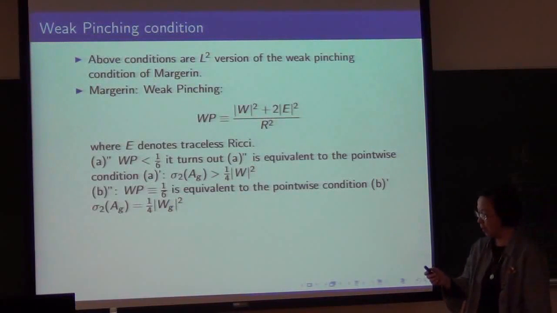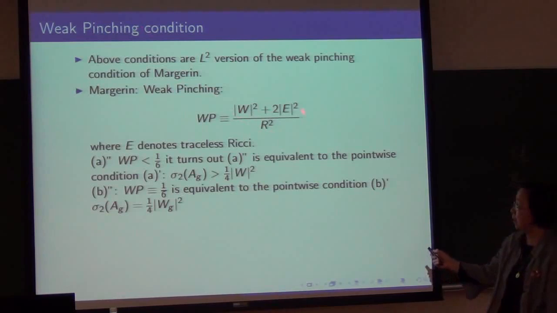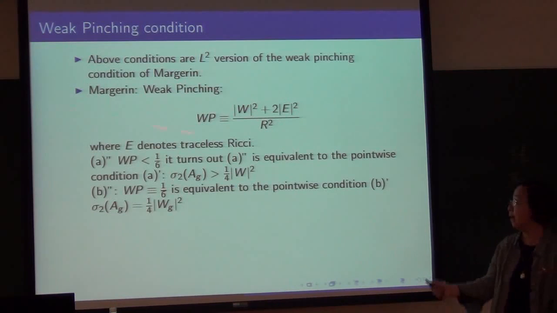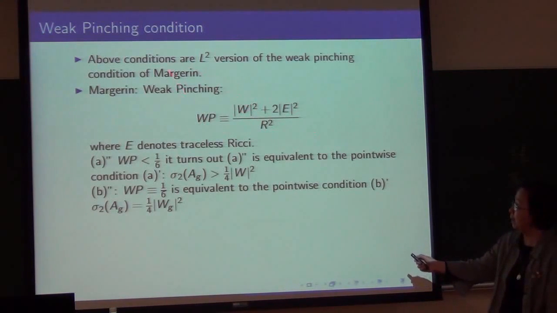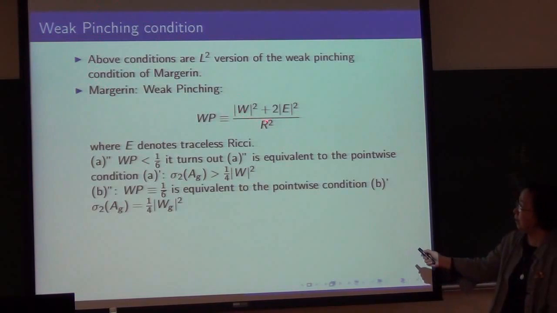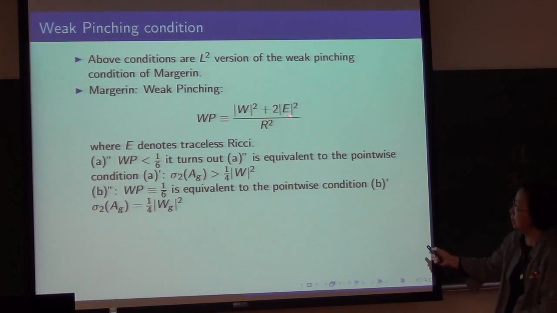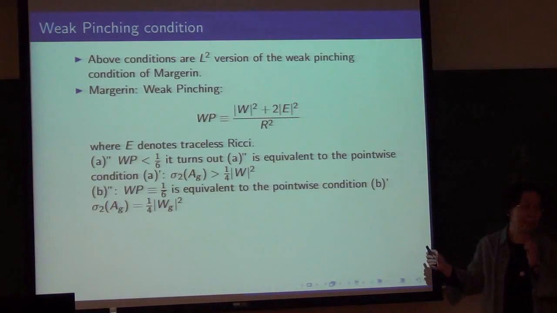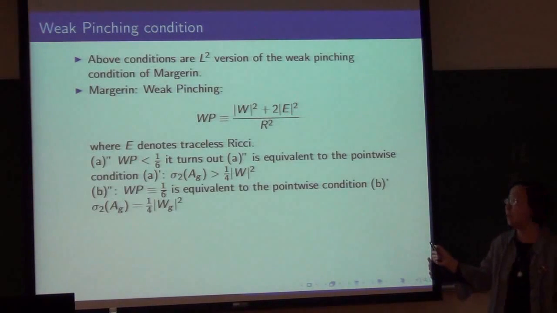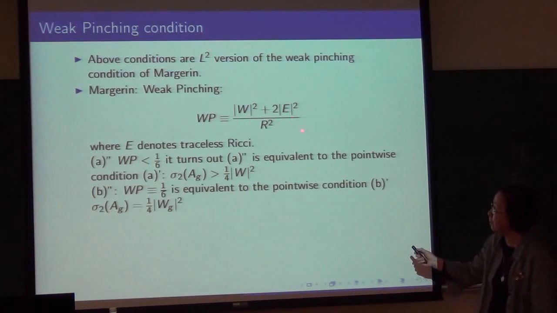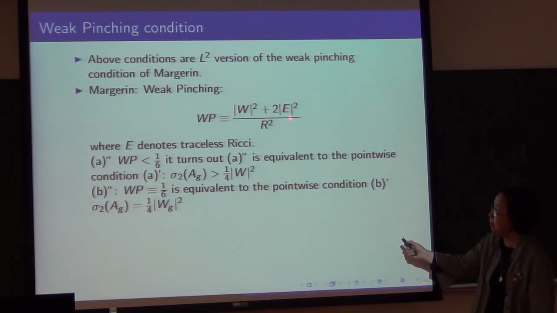There are many ways to state a pinching condition, and here is one way. In the work of Margerin, he compared the norm of Weyl and the traceless Ricci. E is the traceless Ricci, or the Einstein tensor. E equal to 0 means the manifold is Einstein. So you look at Weyl squared plus 2 times traceless Ricci squared compared to scalar curvature.